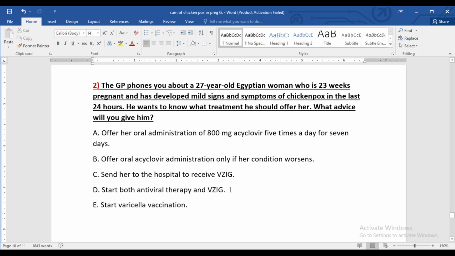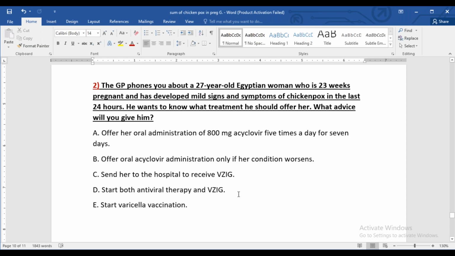Okay, let me explain this part because some ask about the management. Let us spot this. The patient is 23 weeks, so she's more than 20 weeks, and she has already developed mild signs and symptoms, so there is no benefit from the immunoglobulin.